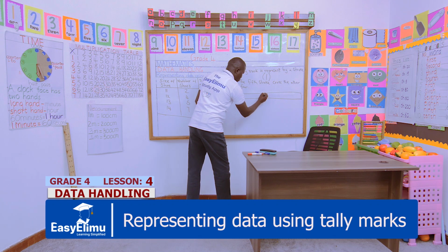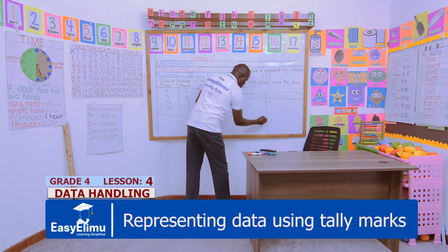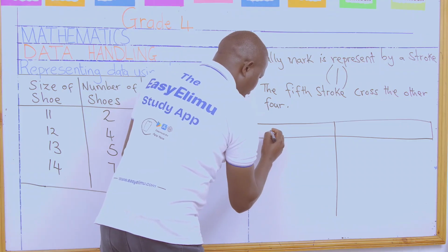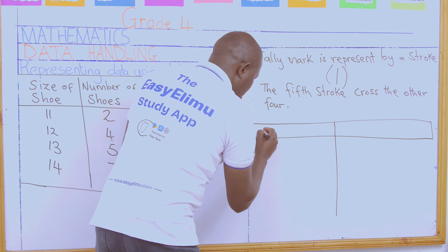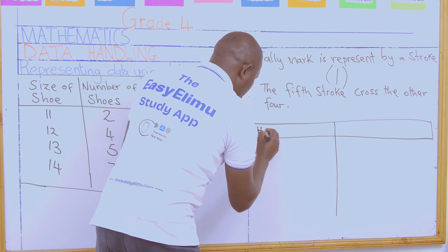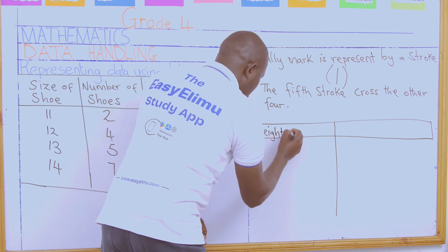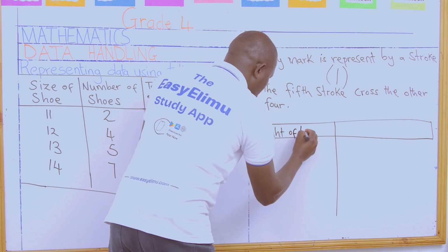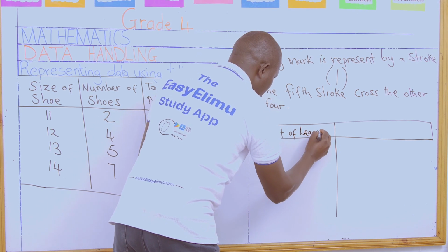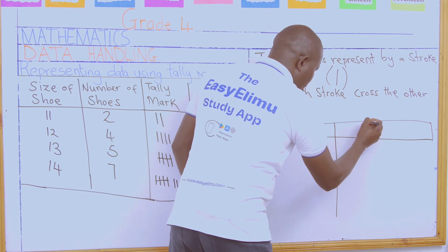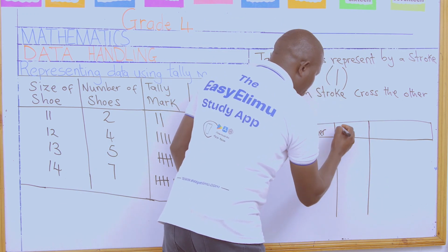Let me draw this one for you. We have the height of learners. In between here, I'll put the tally mark.